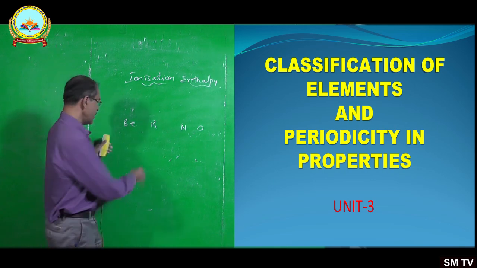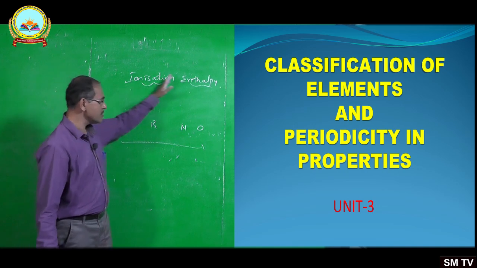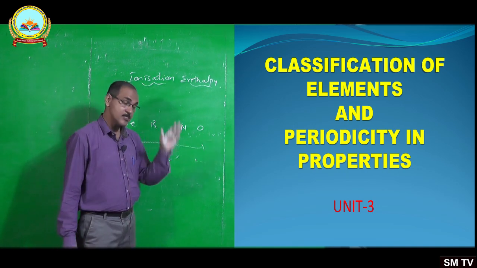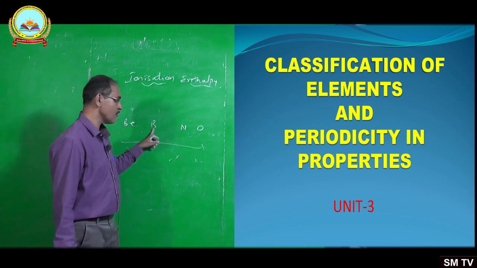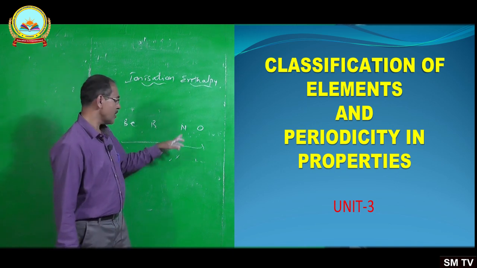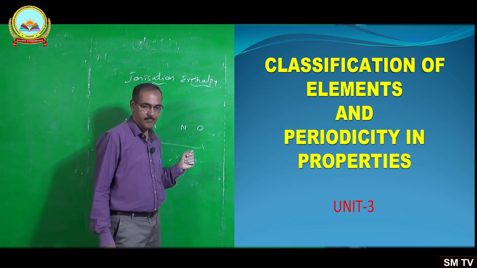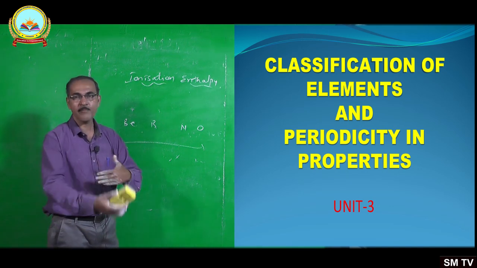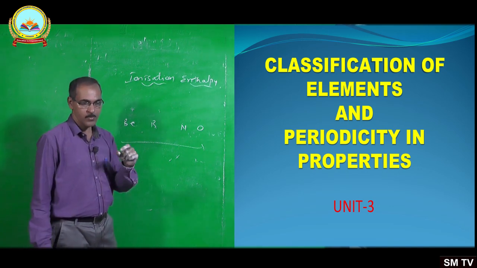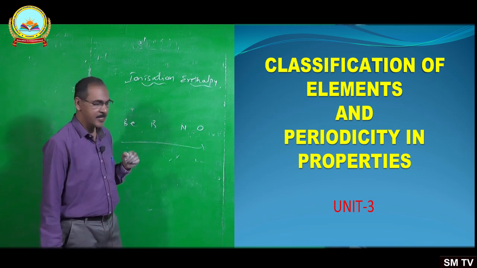In general, if you go across the period, the ionization enthalpy increases, but the ionization enthalpy of beryllium is more than that of boron. The ionization enthalpy of nitrogen is more than that of oxygen. Why? Important for the examination. You have to observe this type of abnormalities and remember the reason behind this.